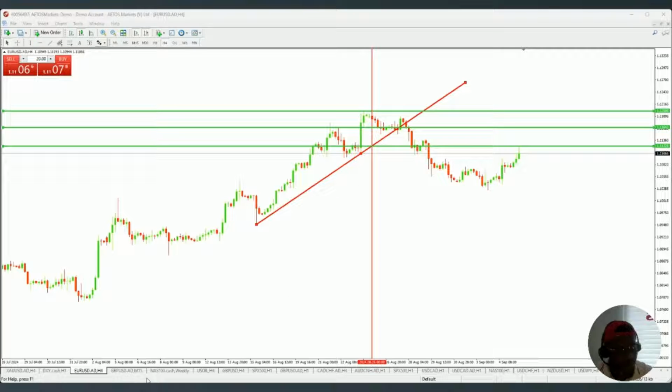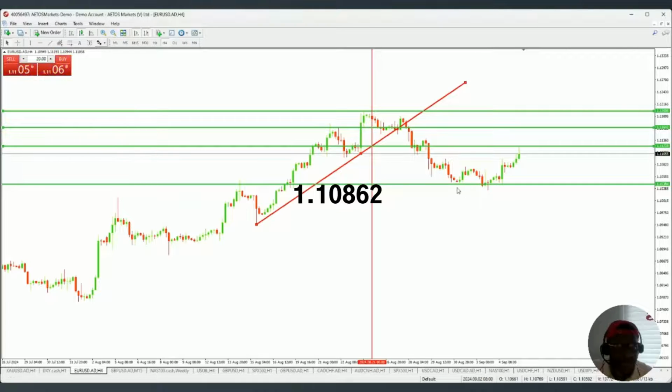Now when I minus P1 from the open price of the candle below the breakout, I got 1.10862. I'm going to bring in a new line here and put in that figure. Edit this line and put in the figures.